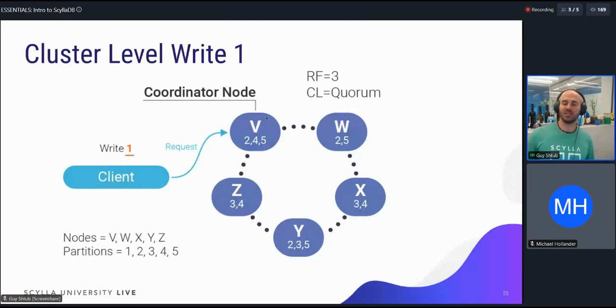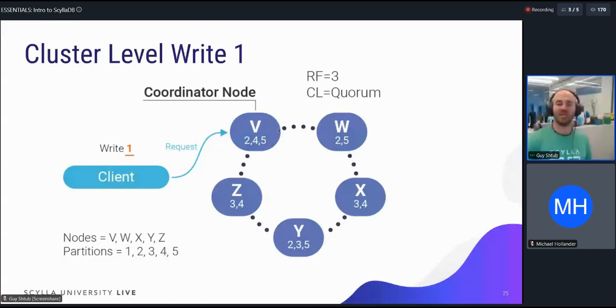There are optimizations for choosing a node that already is a replica node, but that's more advanced, out of scope for this talk. So it chooses one of the nodes, say node V, and node V is now defined as the coordinator node for this specific operation, okay? So the client sends the request, please write the data 1 to node V.